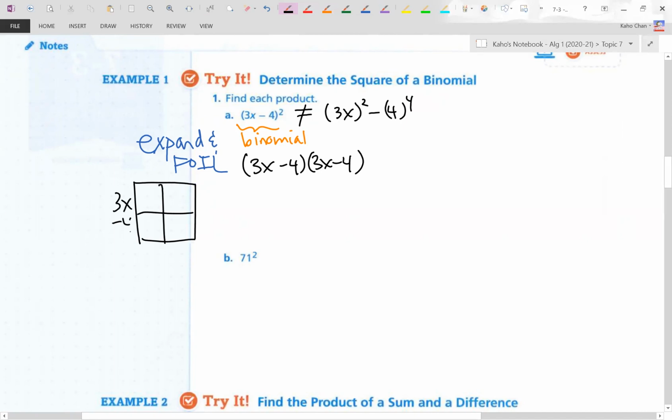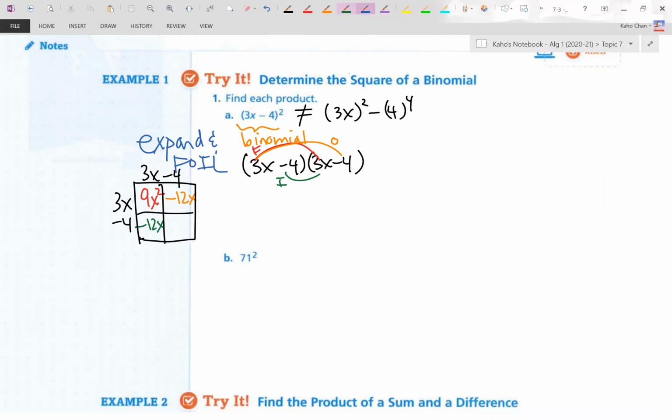All right, first terms. 3x times 3x is 9x squared. Nice. Outer terms are next. 3x times negative 4 is minus 12x. Inner terms are next. Negative 4 times 3x is negative 12x.